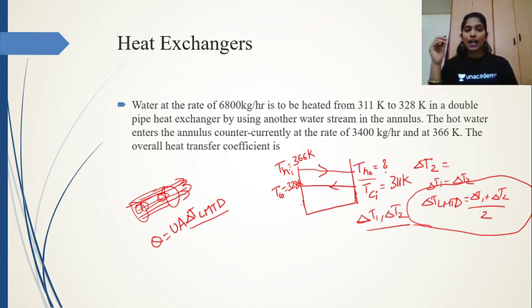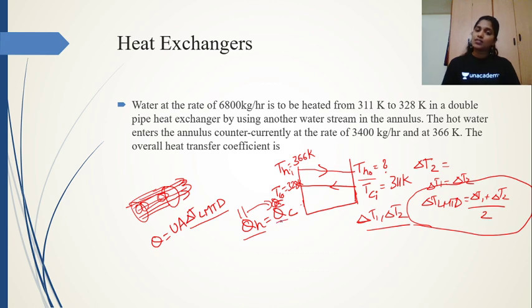So for that we have to equate the rate of heat transfer for the hot fluid and the rate of heat transfer of the cold fluid. At steady state, what happens? The heat that the hot fluid is losing will be gained by the cold fluid, right? It means the rate of heat transfer is the same.